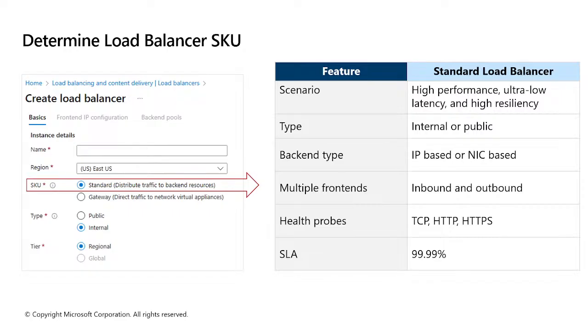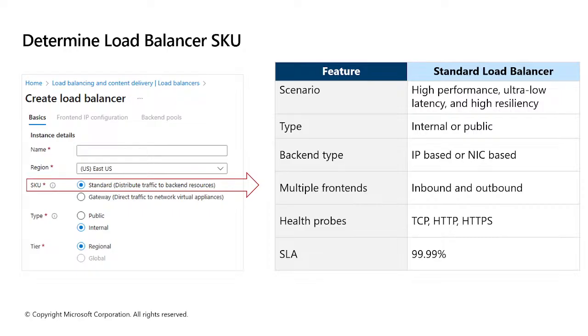But if I want to direct the traffic to a network virtual appliance, let's say I've created a firewall and I want to direct that traffic to that particular virtual appliance, I'm just using the load balancer as a gateway. You can use that option in the case of a traffic manager, which doesn't have security or WAF incorporated within that service.